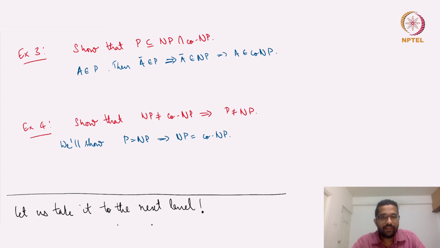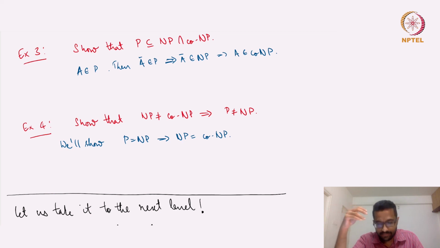If a language is in P and you take its complement, then the complement will also be in P. For instance, checking whether a graph is connected is in polynomial time. Checking whether a graph is not connected is also in polynomial time, because you could just take the same algorithm and make accept into reject and reject into accept. So P is a class which contains the complements.